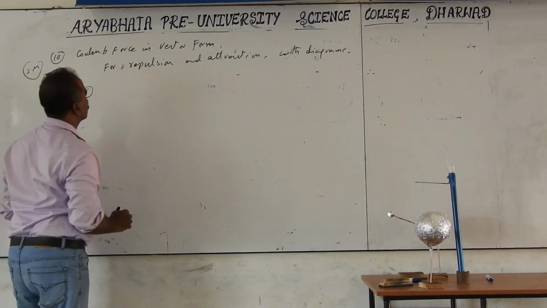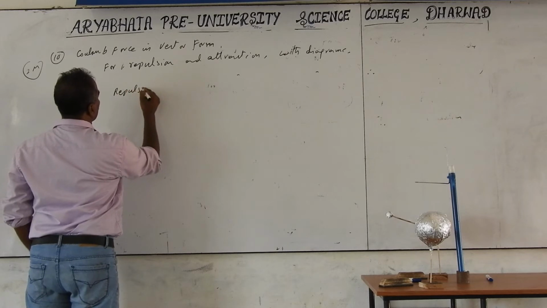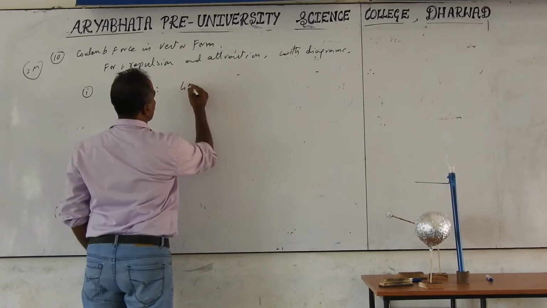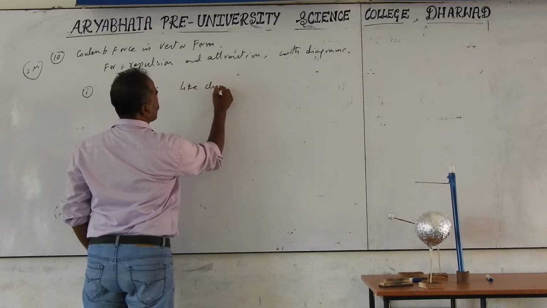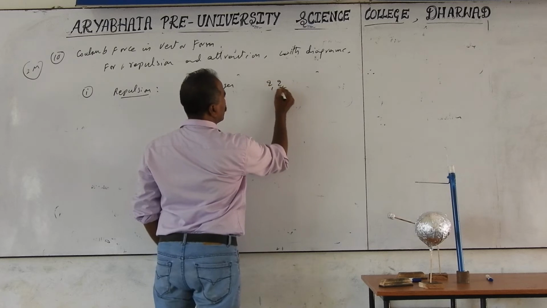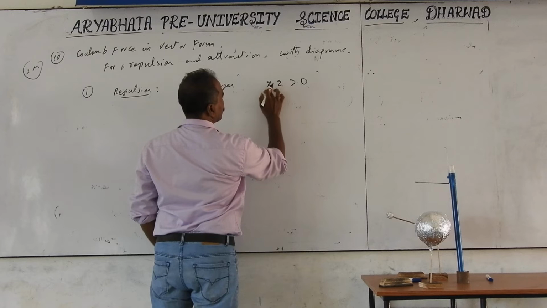We'll take the repulsion. Repulsion means we take like charges. Like charges means Q1, Q2 multiplication will be positive, so greater than 0.